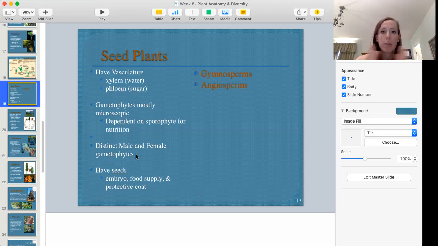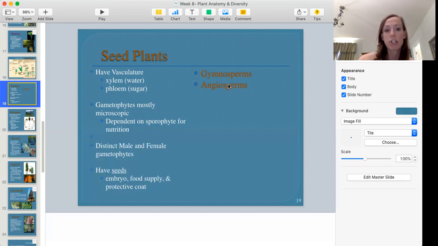So the seed can be preserved for a period of time, which obviously has a benefit for the survival of these plants. The seed can be dormant until the environmental conditions are prime for this embryo to start using up the food supply and producing the mature sporophyte plant.